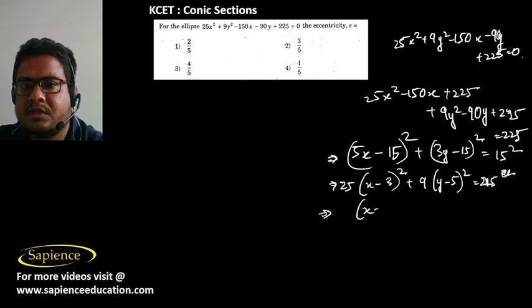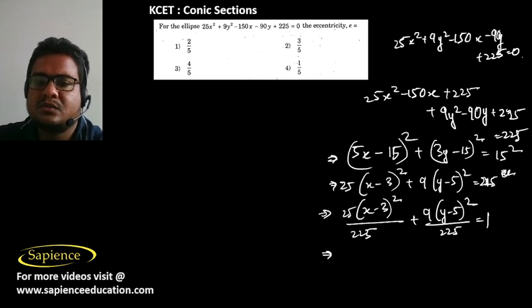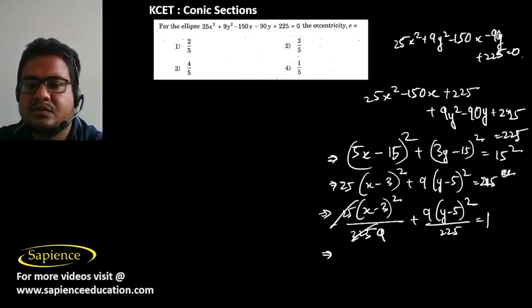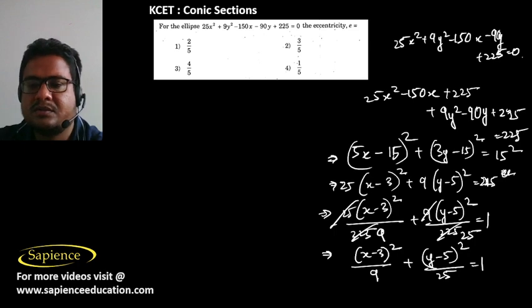So therefore this we can write x minus 3 whole square divided by 25 by 225 plus 9 into y minus 5 whole square divided by 225, that is equal to 1. So 25 9s are 225, 9 25s are 225, so then x minus 3 whole square by 9 plus y minus 5 whole square by 25, that will be equal to 1.